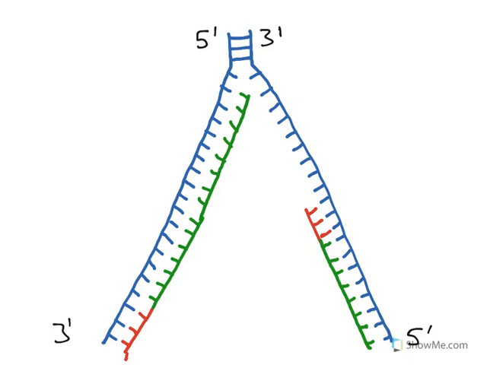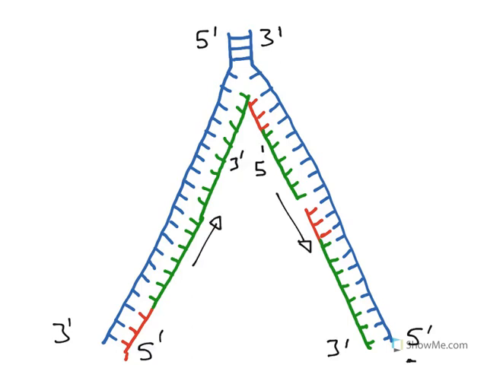But once again, it's only when the replication fork has opened up further still that another primer will be able to attach to the template strand on the other side, and DNA polymerase is then able to replicate more DNA like so, because DNA polymerase can only add nucleotides to the 3' end of the growing strand.